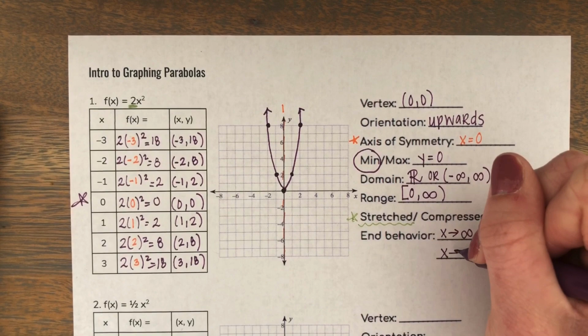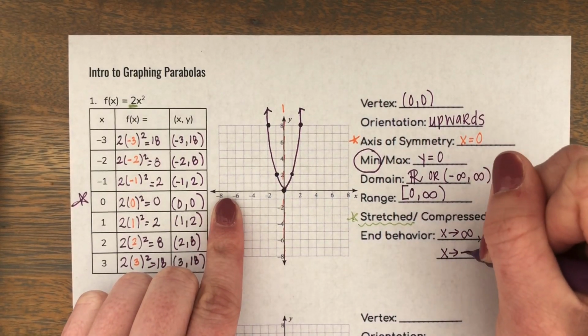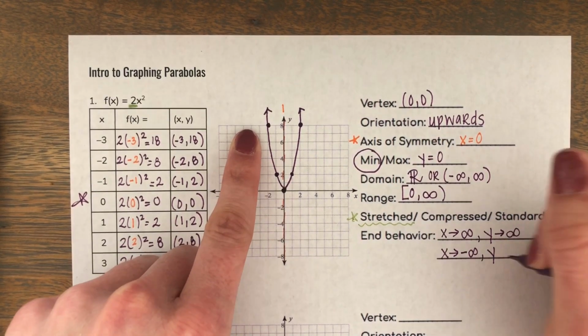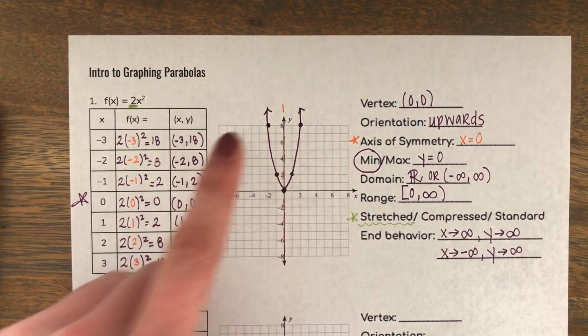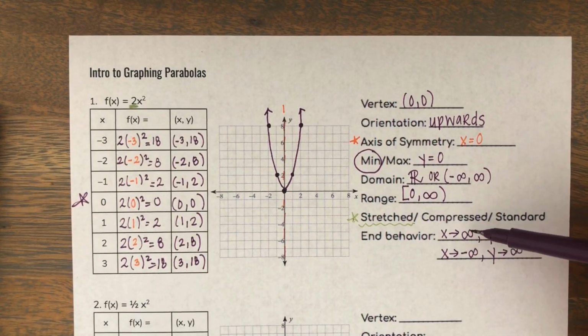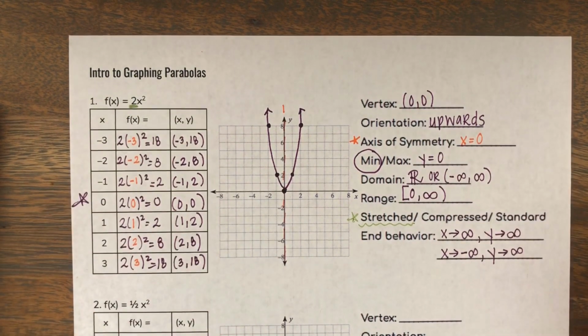And then x values always go to the left as well, so that's going towards -infinity. And then it's still going up, so y is also going to +infinity. Your x's are always going to be positive and negative infinity, and then your y's are always going to be the same as each other, just depending on which way your graph is. So that's graphing 1.